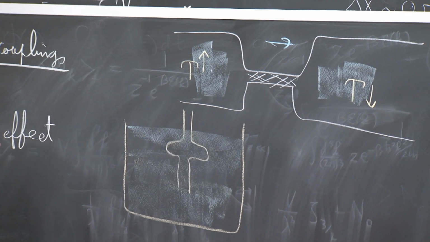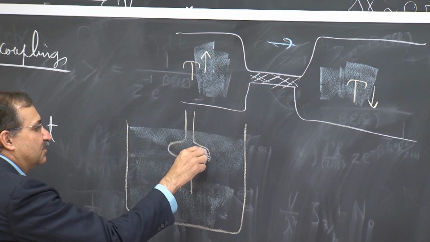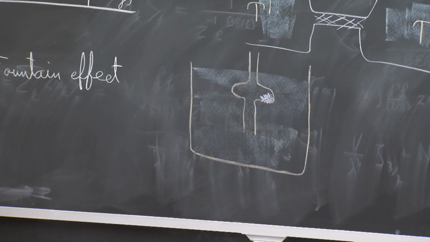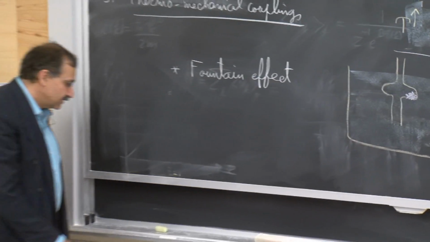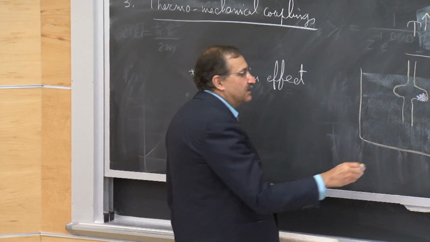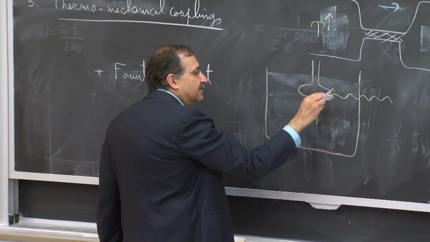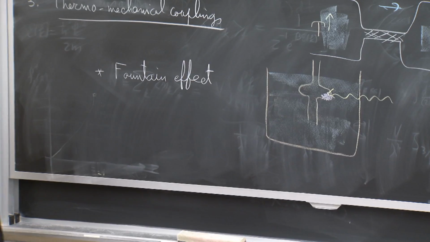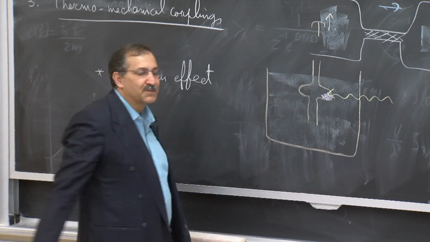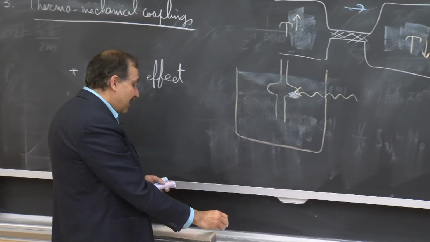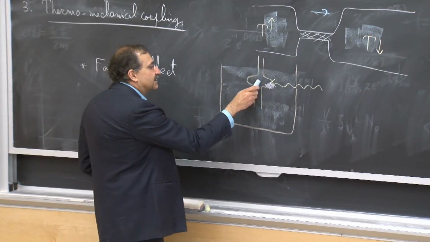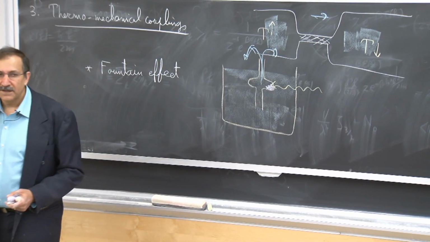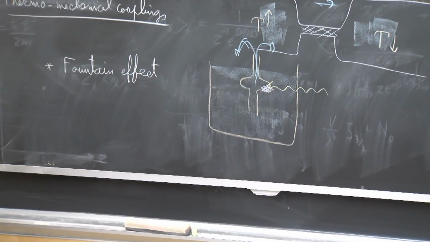Then inside this tube, you put some material that is a good absorber of heat, such as, let's say, a piece of carbon, and then you shine a laser on it so that this thing becomes hot. So in this case, the temperature goes up, and what you find happens is that the fluid will start to shoot up here like a fountain. It's called a fountain effect because of that.